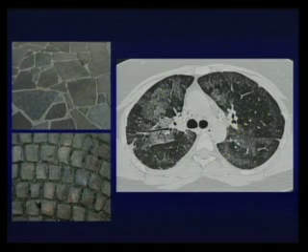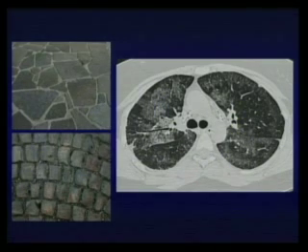This sign in the English literature is known as a crazy-paving pattern, but in Spanish, this is known as a cobblestone sign. So you can use either one. But in English, it's much more common to use crazy-paving pattern.